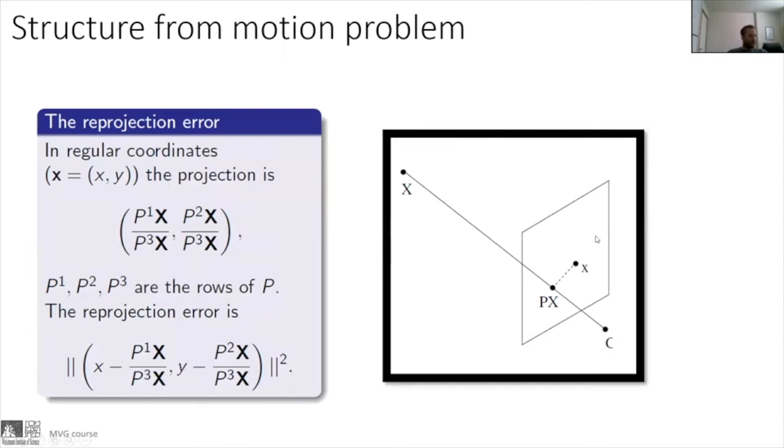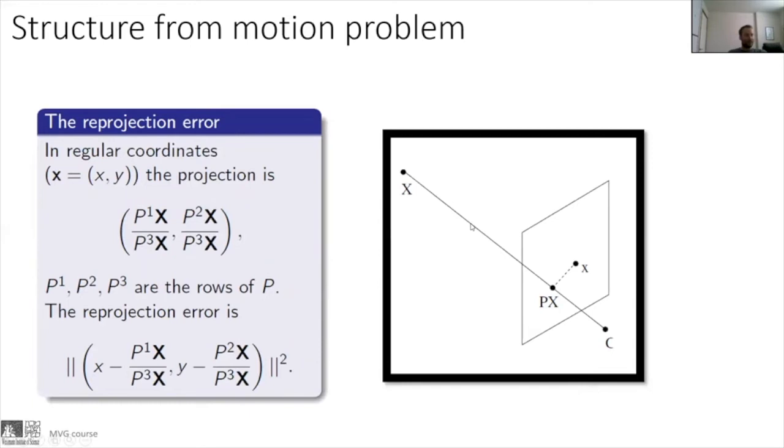So one quantity that is important for us will be the reprojection error, which you already saw in Meirav's class, which actually measures, given a 3D point, a camera matrix, and a 2D point, the distance of the projection of the 3D point to the 2D point. So this is the formula for the reprojection error, which is the Euclidean distance.